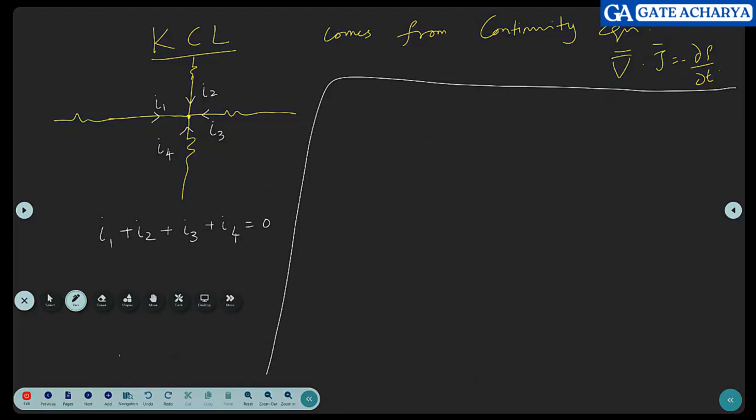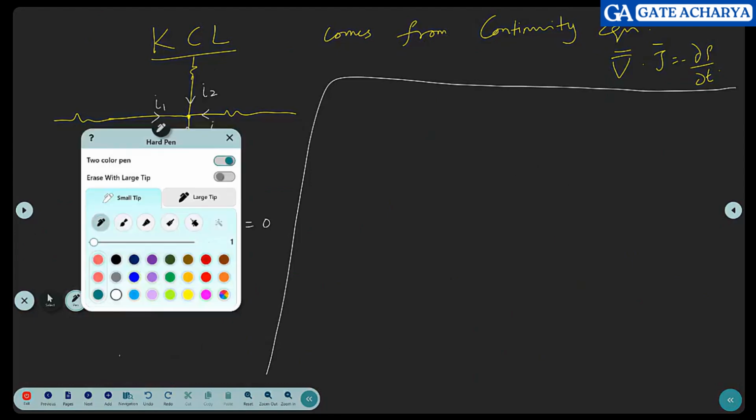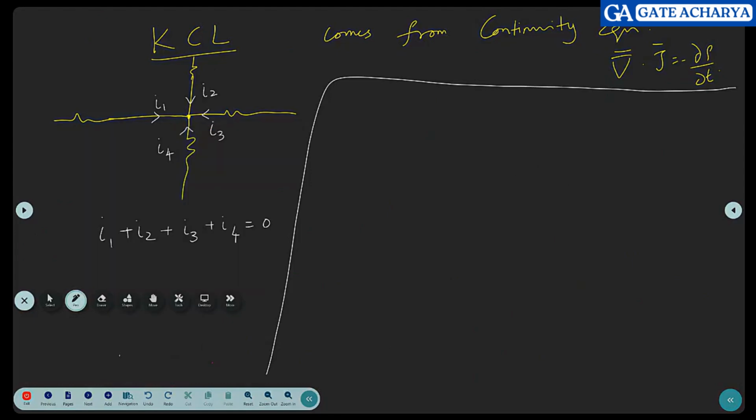I'll take this only. Maybe I'll just add some voltages. One volt, 1 ohm, 2 volt, 2 ohms, 3 volt, 3 ohms, 4 volt, 4 ohms. Let us say, give some name here, Vx.